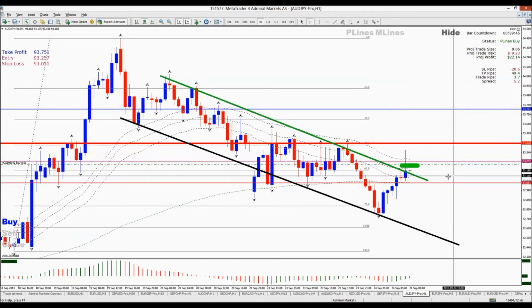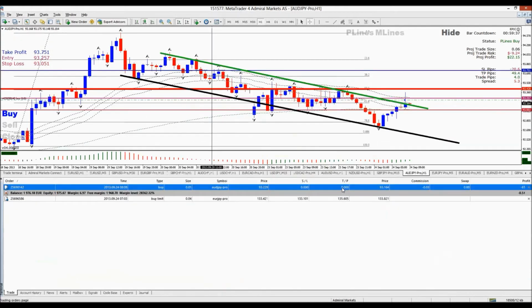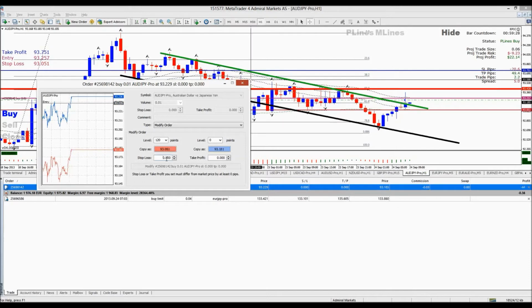The candle just closed, so what I'll do is just put a take profit. Oh, I forgot to put the stop loss in. That's stupid. Let me do that quickly. I thought that tool did it for me. That's strange.